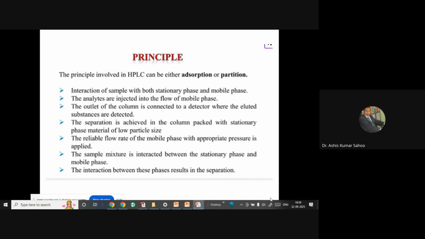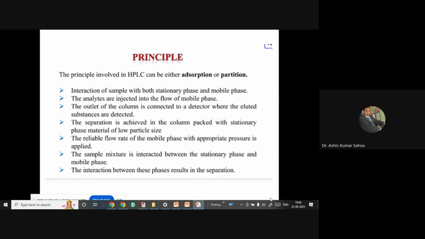So these are the simple principles. First, the sample will interact with the stationary phase and the mobile phase. Secondly, the analyte, the compound which we analyze, is injected into the flow of mobile phase. The outlet of the column is connected to a detector, where the eluting substances are detected.